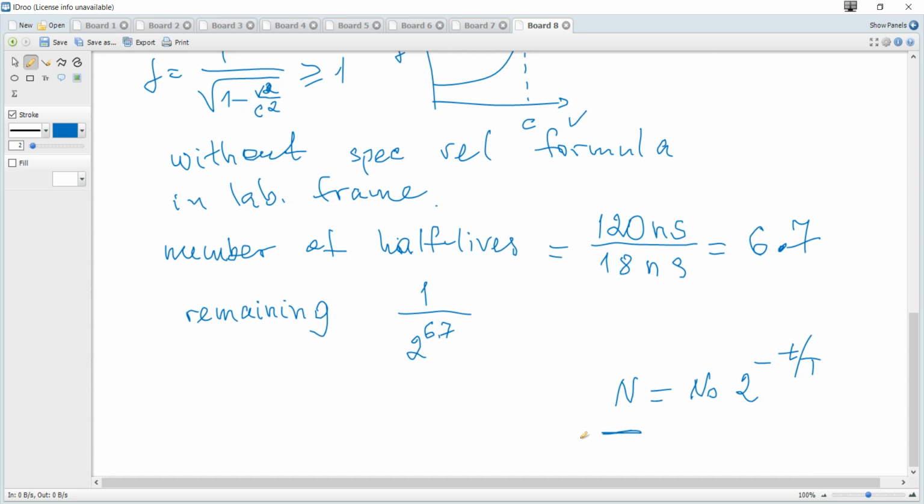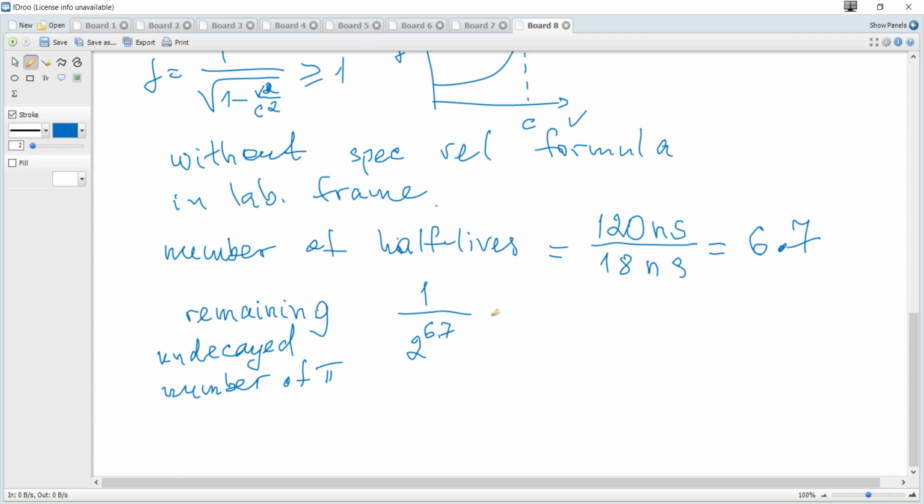Decayed is the total number minus the number undecayed, but it's more useful to consider remaining or undecayed. The remaining, or undecayed, number of pi mesons becomes 0.96%, not 25%, so much less, and definitely it's not consistent with the experiment.